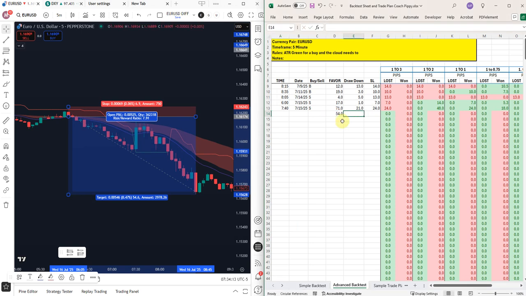Drawdown was, we'll say 2, because we just round it, there's no sense doing partial pips. And our stop loss was 7. This was at 6:05, and the date was the 16th.